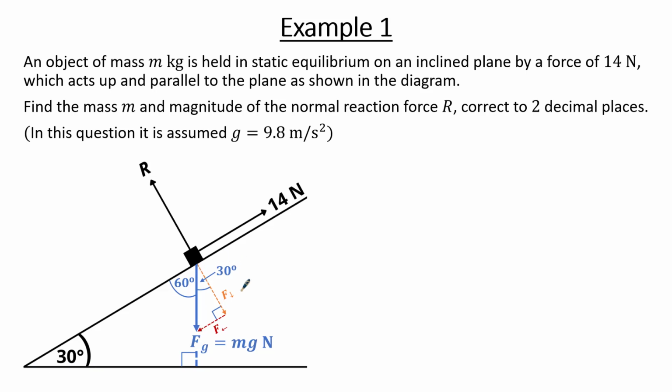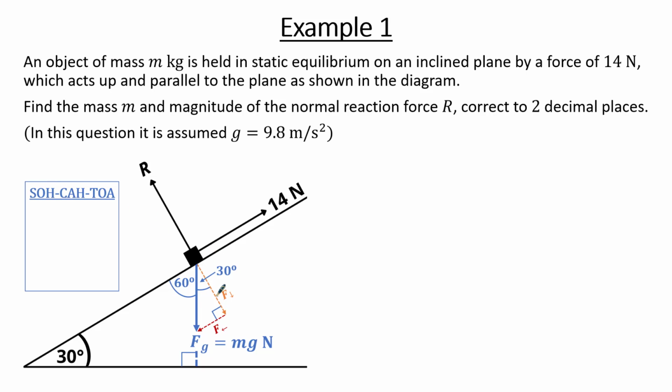Now we can find the perpendicular and parallel components of the force due to gravity. To do that, we need to use SOHCAHTOA, which is applicable to right angled triangles. What does that mean? Well, SOH means that the sine of an angle equals the opposite length divided by the hypotenuse.